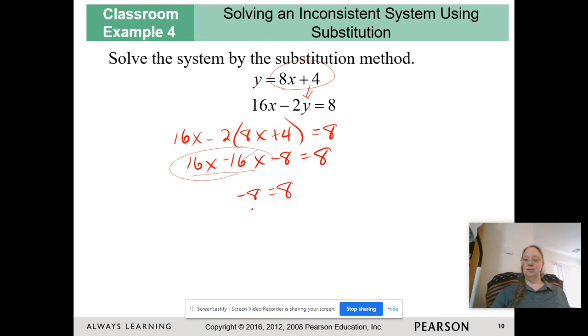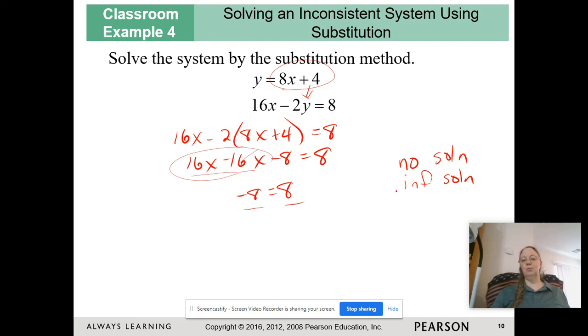When that happens, when both variables are eliminated, then we have one of those special cases, okay? So how do you know if it is no solution where they're parallel, or if it's infinitely many solutions where it's the same line? Well, you check to see if the numbers are equal to each other.